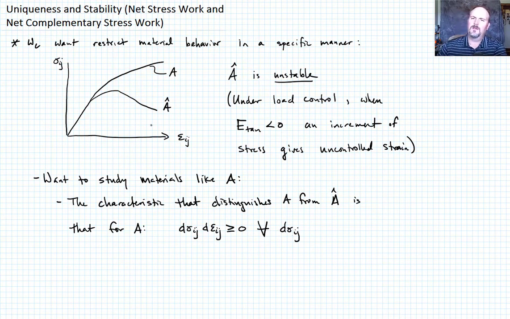Okay? So this is equivalent to saying that we have a positive tangent modulus. It says that the increment in stress and the increment in strain have to have the same sign. So let's go ahead and we'll call that equation 1.